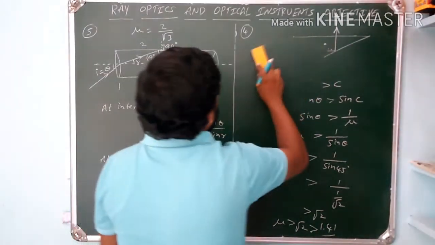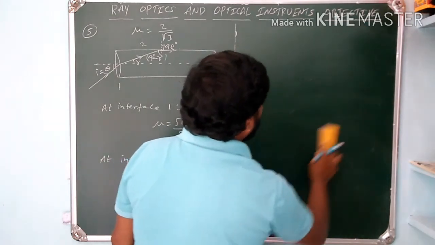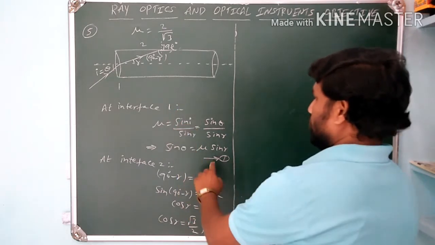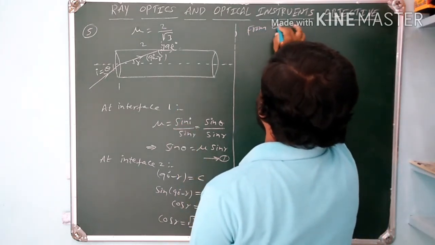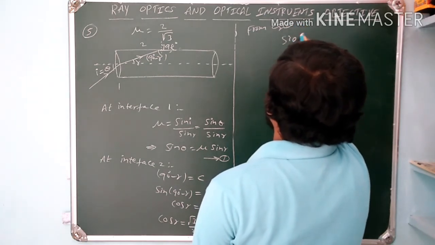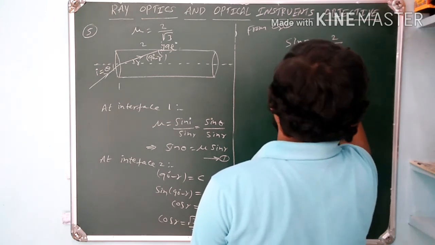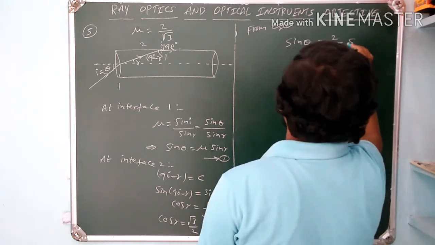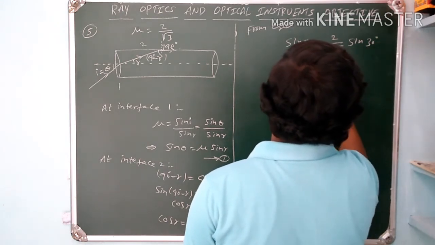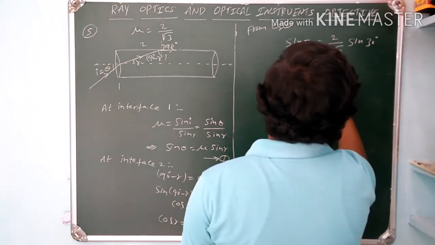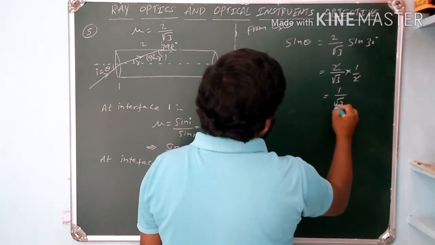Now substitute this r value in the first equation. Therefore from equation 1, sin theta is equal to mu, which is 2 by root 3, into sin r, where r is 30. Sin 30 is 1 by 2, so the 2 gets cancelled and we get 1 by root 3.